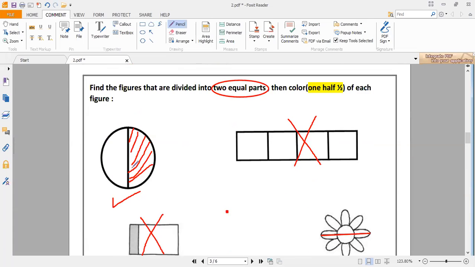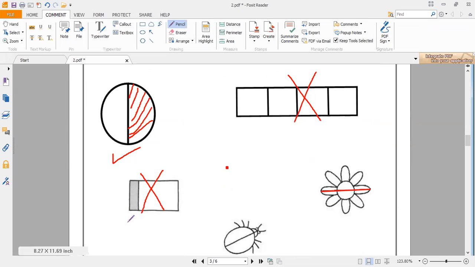Halves means two parts, and these two parts are equal. In this question, in this rectangle, Mustafa said that this is not halves. Why? Because here we have two parts, but they're not equal. So halves means two equal parts. The first part here is the same as the second part. So does this flower show halves?